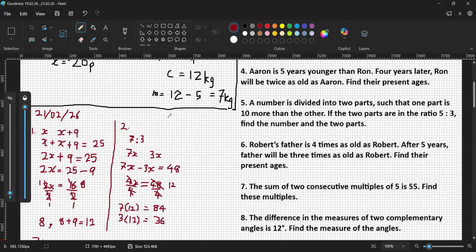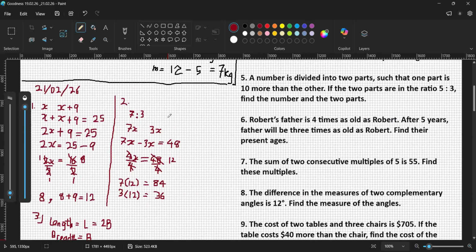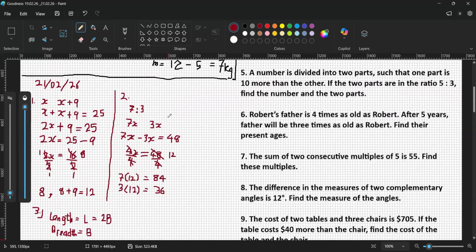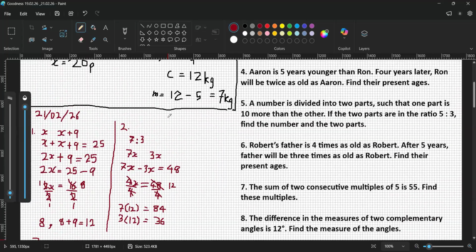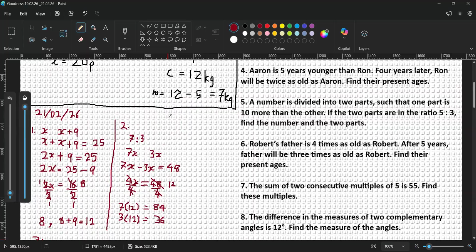So I don't usually use them, except if the question really demands it, because there are some questions in physics or science where S is used to represent distance. So when I can, I usually avoid the letters O and S.